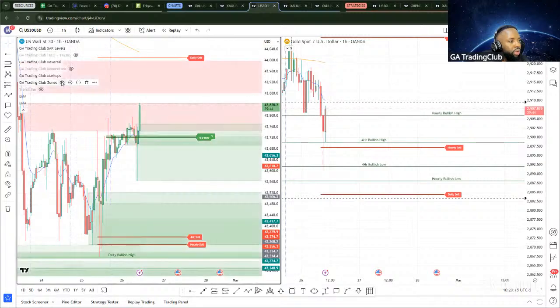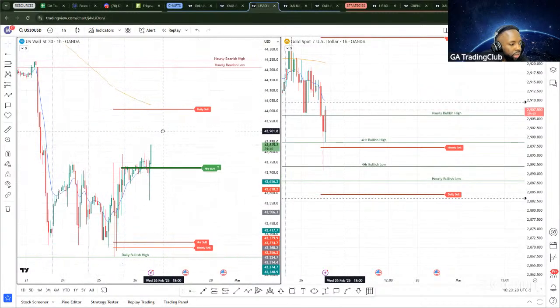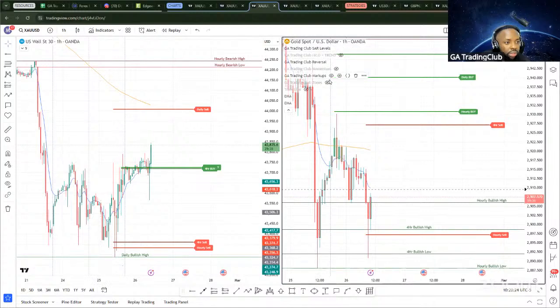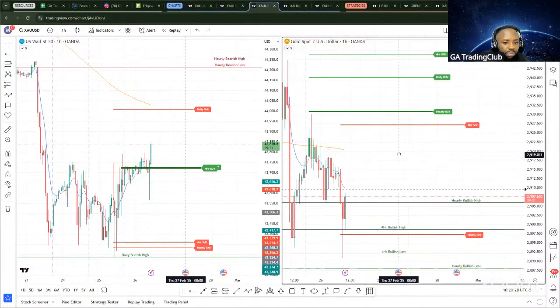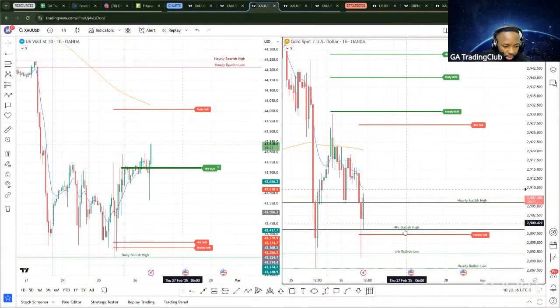But overall, I don't even think I'll be taking any trades on my accounts today because I don't see any valid rejection levels. We have possible sell areas on gold at 29.27, 29.30 area, but honestly, I don't know if gold is going to get back up there.